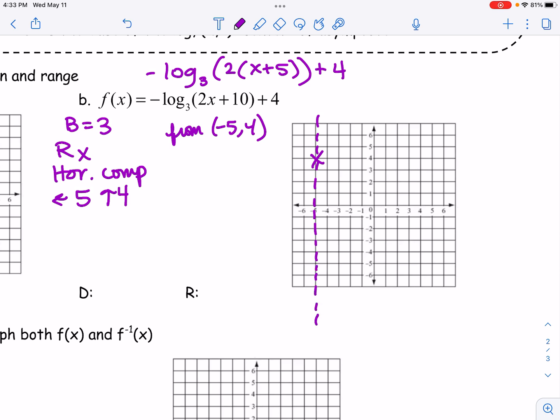Okay, pattern of graphing: (1, 0), (base, 1), (base squared, 2), (1 over base, negative 1). I need to reflect over the x-axis, so these numbers are going to take the opposite value. And I need to horizontally compress, so I'm either going to multiply by the reciprocal or divide by that number. My number is 2, so dividing by 2 or multiplying by 1/2.